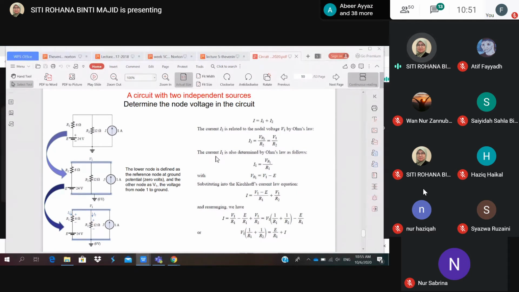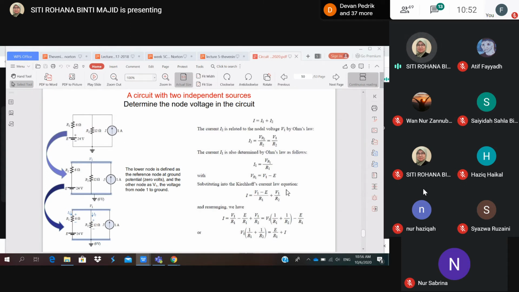And then for the current, you also define the current I1. Here I didn't draw the line of a current, so I hope you can draw it in your revision version. Then you will know that V_R1 equals E minus V1 over R1, where E is the source of the voltage supply, and then you substitute into the Kirchhoff's current law equation here, and you get this equation.